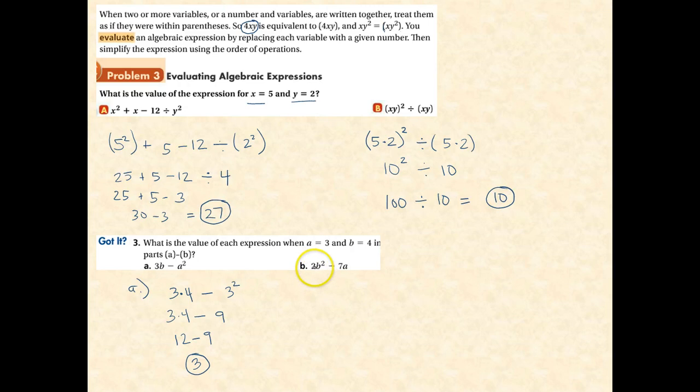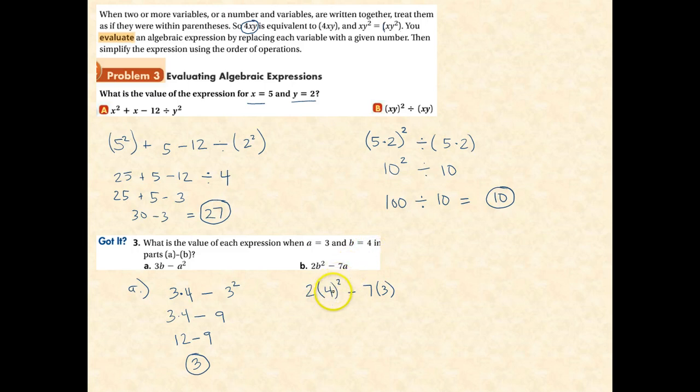Alright, for part B, 2b squared. So 2 times b squared, b is 4, minus 7 times a, which is 3. Inside the grouping symbols there's nothing to do. All I've got is just a 4 and just a 3. Next is powers.